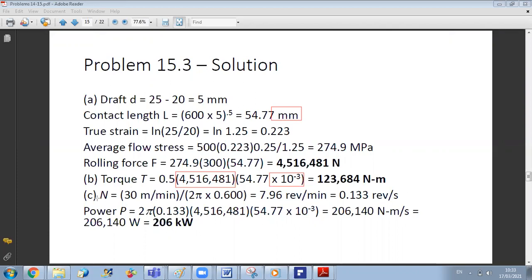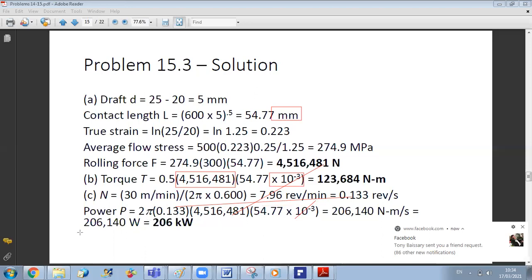And once they got n in the unit specified, they replaced into the power equation, which is 2 pi n times F times L. And for units, they made sure to have n in revolution per second, the force in Newton, and the length in meter, in a way to obtain at the end the power in watt.